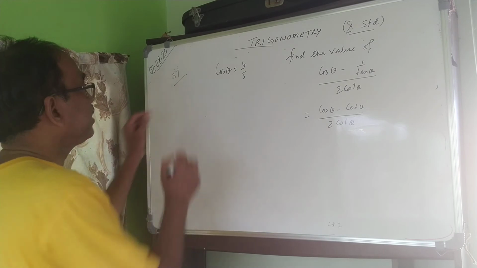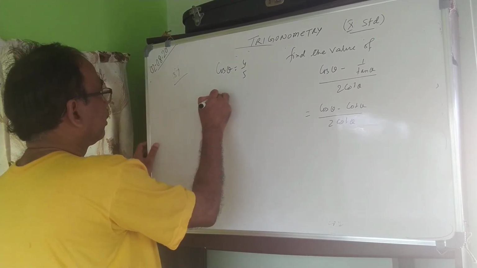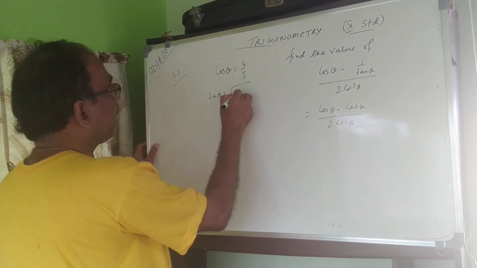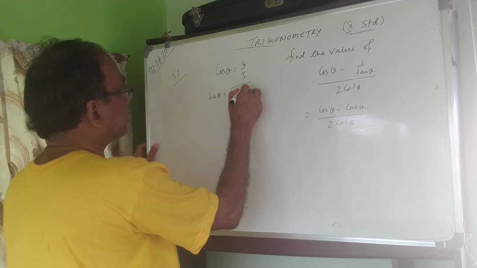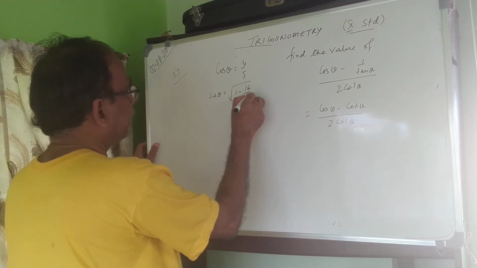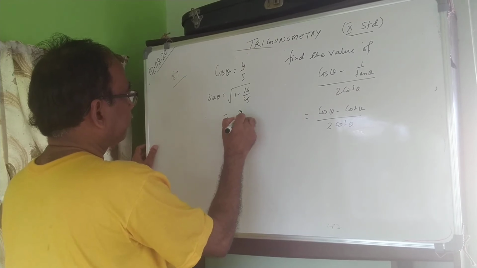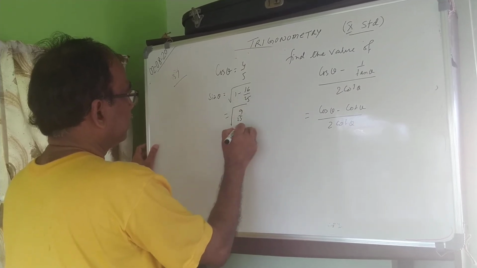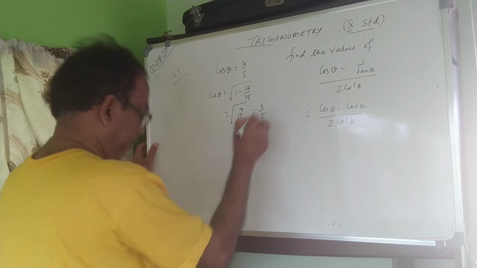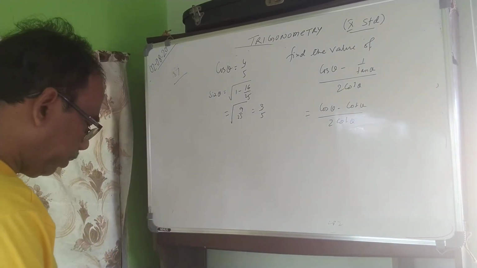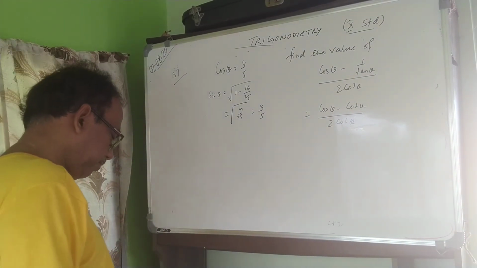Now, cos theta is this, you get sin theta. Root over of 1 minus cos square theta is sin theta, that is 16 by 25, that is 9 by 25, that is 3 by 5. So we got the sin theta value 3 by 5.